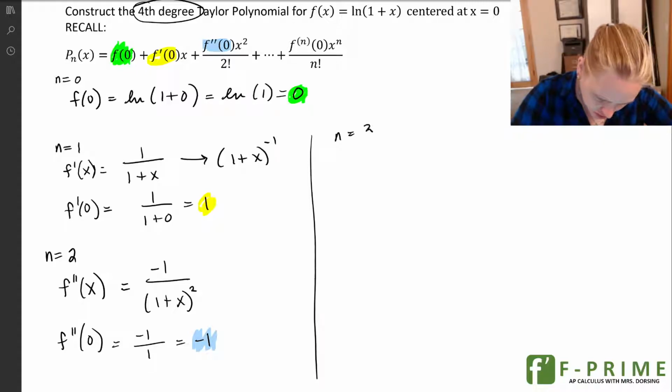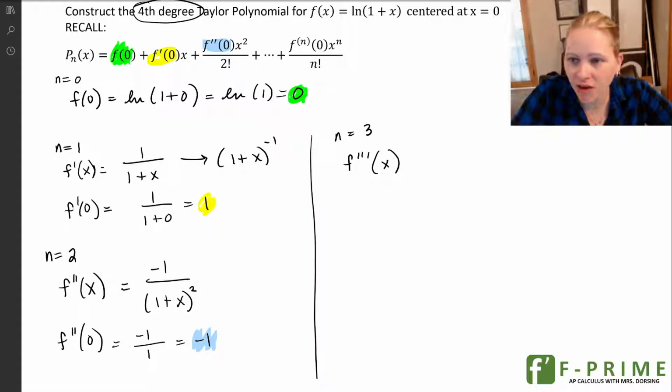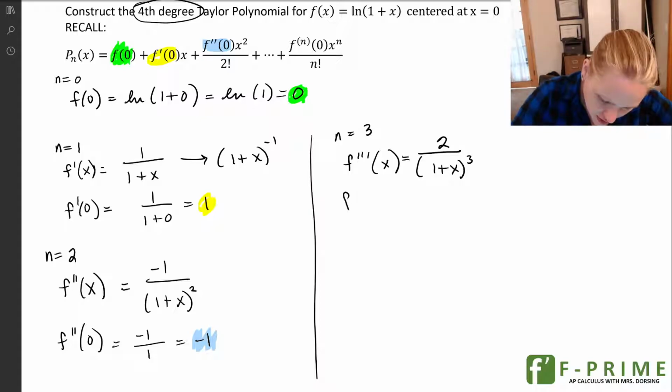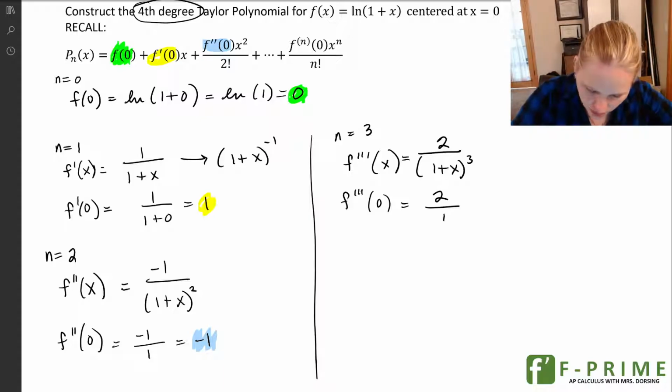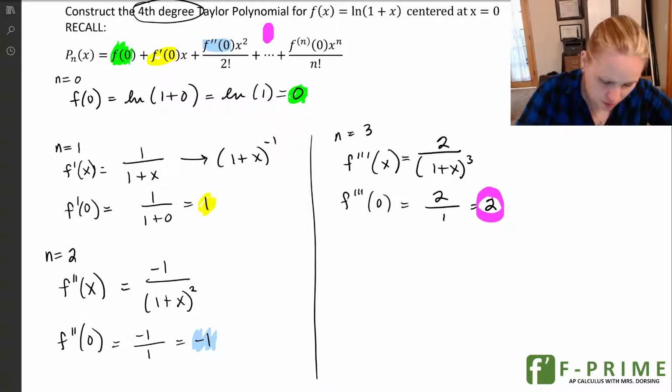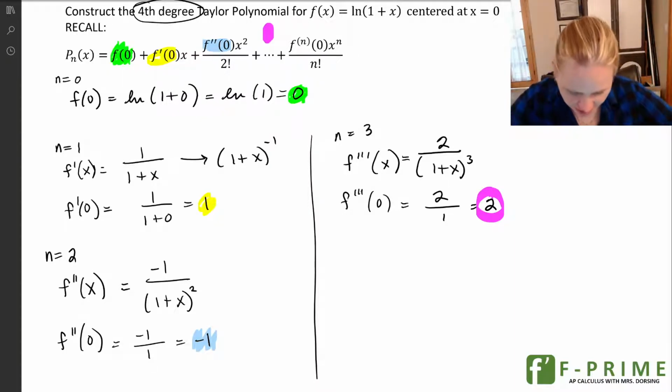N equals 3. That's going to be f triple prime. And finding that derivative, I'm going to get 2 over 1 plus x cubed. So f triple prime of 0 is just 2 over 1, which is 2. So that is going to go, well, somewhere. That'll be the next term. It's not listed in there.